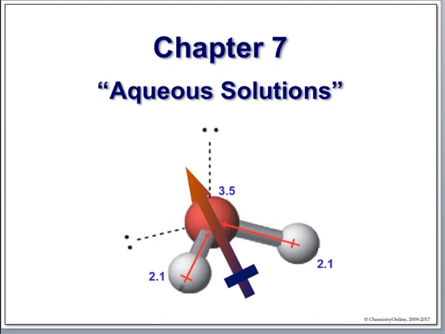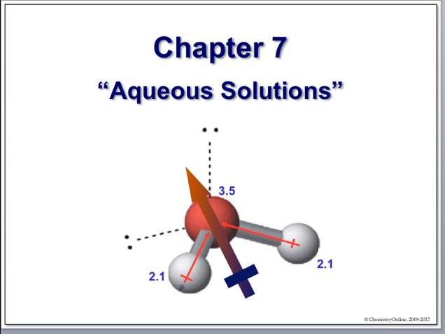All right, today we're going to talk about Chapter 7, aqueous solutions. So, of course, we're going to talk about water. Water is a truly remarkable substance. You often hear about life on other planets, and the first thing people always talk about is whether or not there's water.